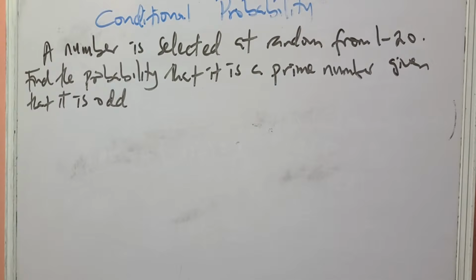Somebody wrote 7 over 10. Somebody wrote 7 over 8. Somebody wrote 7 over 10. All right. Let's see how we solve this.